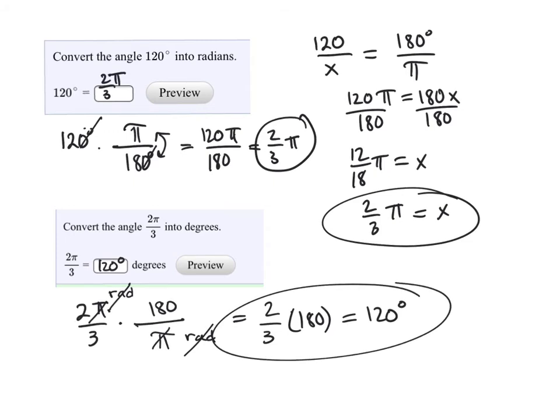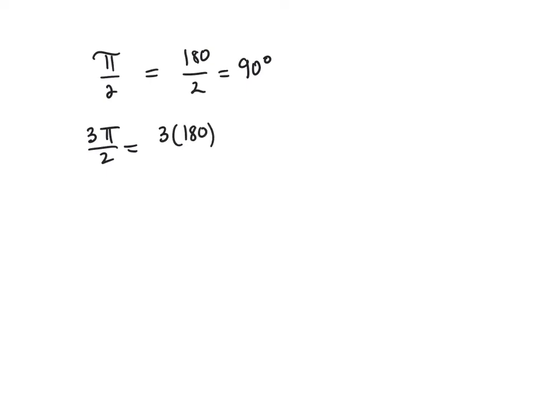Now, a really quick way you can convert when you have radians, if I give you any kind of radians, for example, if I said pi over 2 radians, I know that pi radians is 180 degrees, so that's 180 over 2, which is 90 degrees. If I said 3 pi over 2, well, that's 3 times, remember pi radians is 180 degrees, 3 times 180 over 2, that would be 270 degrees.